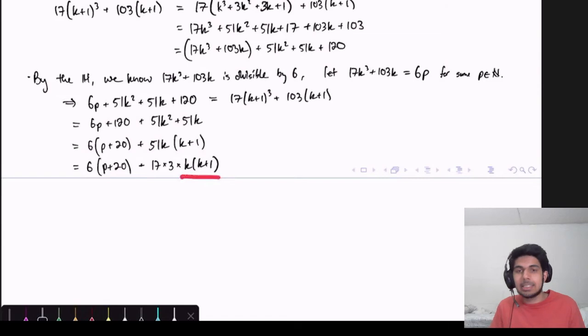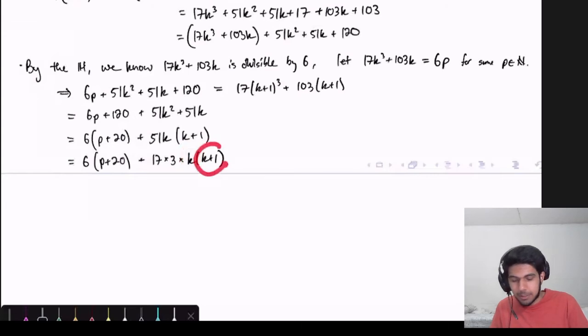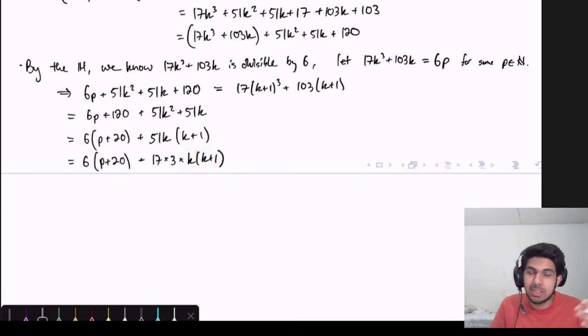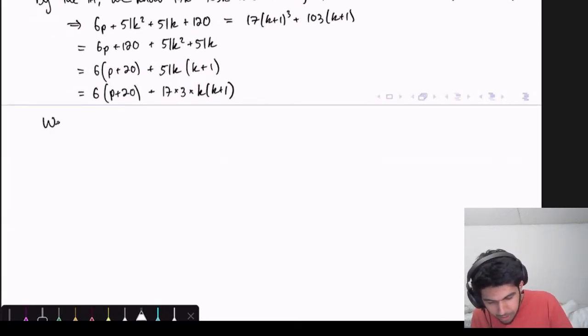What we'll notice is that this product is always even, because the parity of k is different from the parity of k plus 1. So one of these will always be odd while the other one is even, always. So this product will be even, because an odd number times an even number is an even number. So we know k times k plus 1 is even.